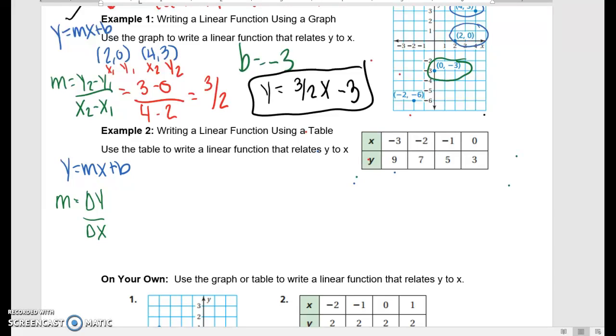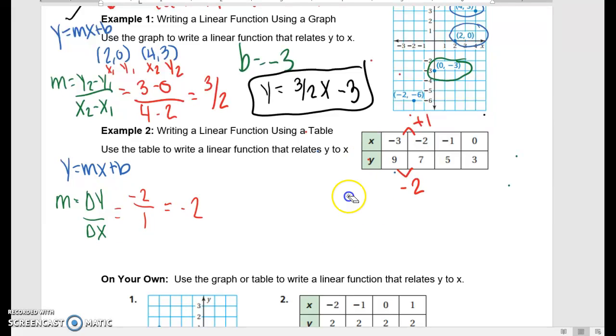So what we're going to do is find the pattern. Change means pattern. If you look at your x values, you can see that you're adding 1 each time. And if you look at your y values, you're subtracting 2 each time. So your change in y is -2. Your change in x is 1. And then you reduce that to get -2.